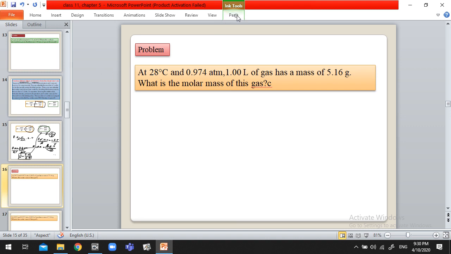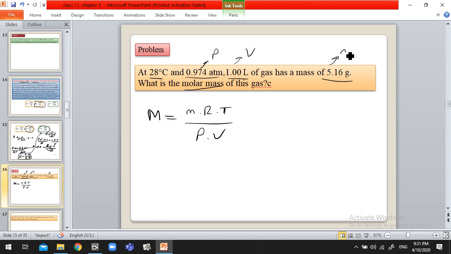At 28 Celsius, this atm, this liter, this gram of gas, what's the molar mass of this gas? Do you remember molar mass equals what? Molar mass equals mass times R times T over PV. So what are these? Pressure, volume, mass, temperature. But let me write the given first here.